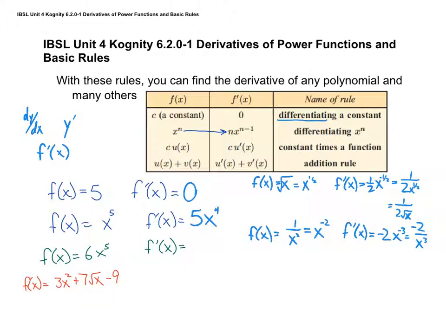Now we have extensions of this power rule, and that is, what do we do when we have a constant times a function? So here it's not just x to the 5th, it's 6 times x to the 5th.